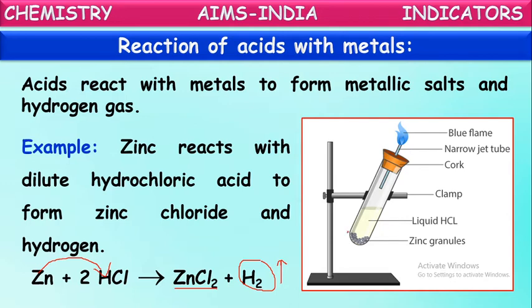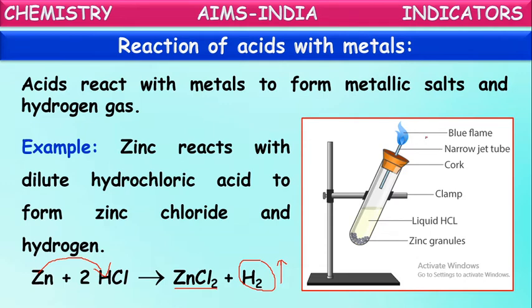The experiment is also shown. First, some zinc granules are taken into a test tube or conical flask. Hydrochloric acid is added, and then zinc chloride is formed in the test tube, and hydrogen gas is given out. This hydrogen gas can be tested with a burning splinter.